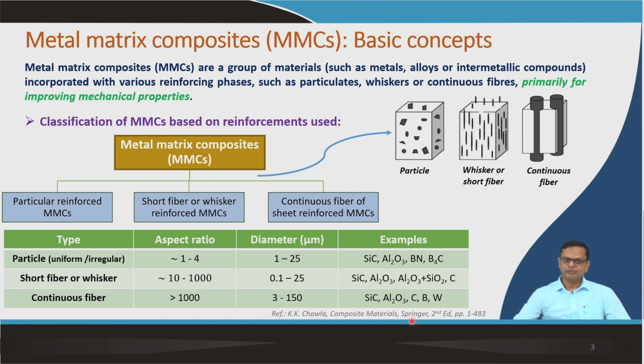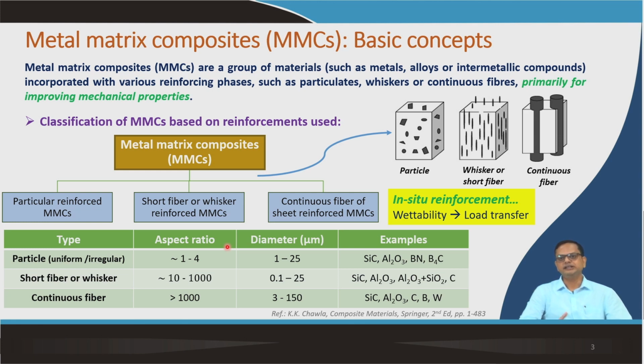Okay. Along with these three classes, we should not forget another class of reinforcement, which is in situ reinforcement. That means, in the melt itself, the melt of the metal or alloy, a second phase gets introduced or formed, and that acts as reinforcement.